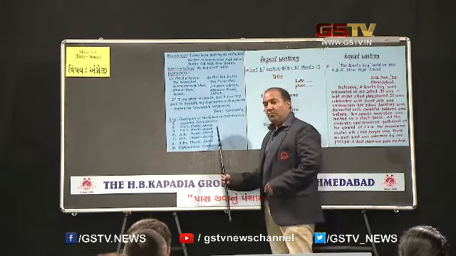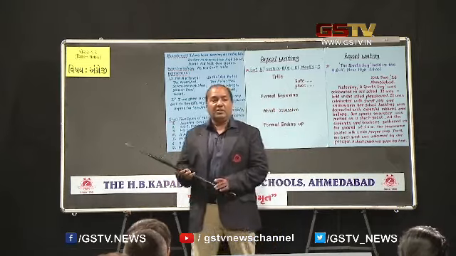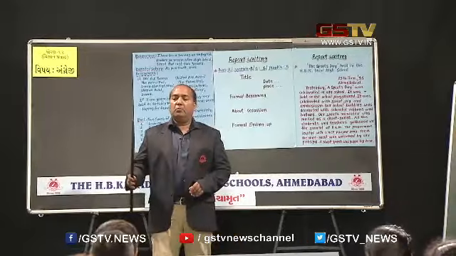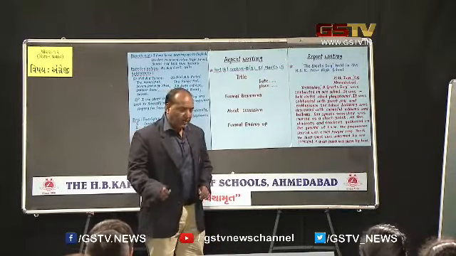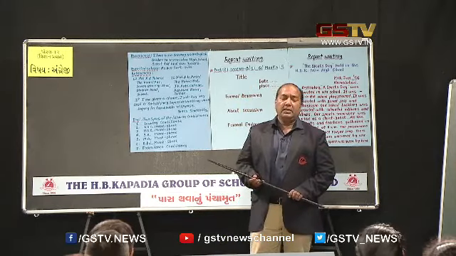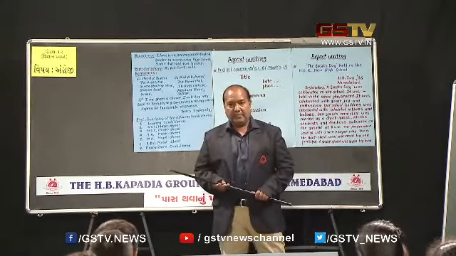And now we have learnt about an application. Follow this, and I am sure you will get more and more marks in your application. Yet if there is any question in your mind, please ask.